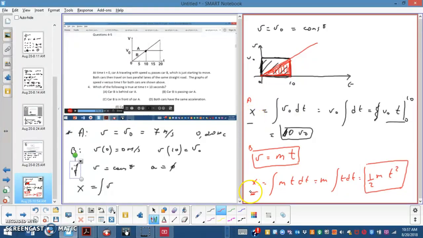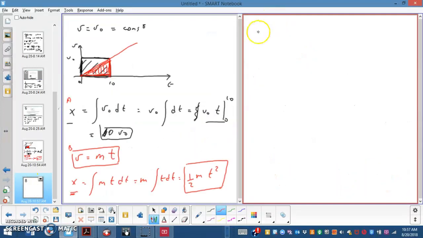Obviously the x for B is smaller than the x for A, which means B has traveled a lesser distance. So B cannot be ahead of A, and it's not even equal, so B is behind A. That would be your answer.